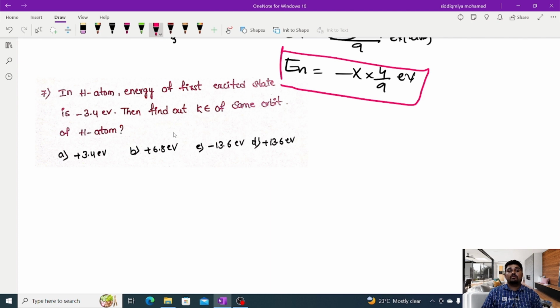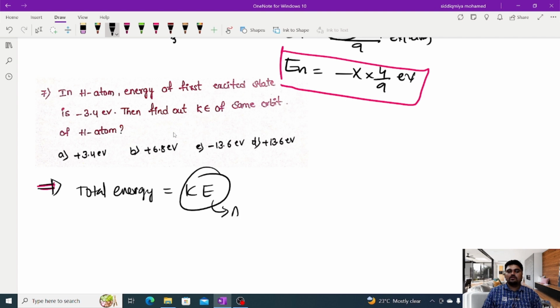So remember always, there is one formula, or one statement: total energy is equal to kinetic energy, but the kinetic energy is always positive.